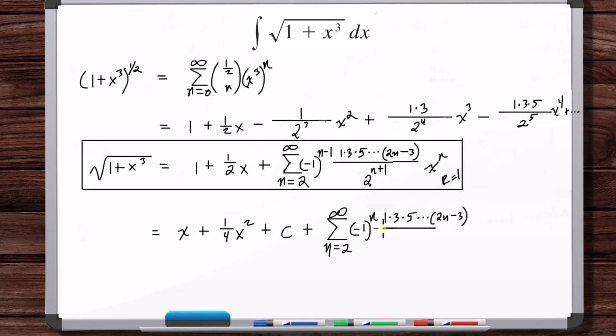And then n plus 1 to the n plus 1, then x to the n plus 1. And then the radius of convergence when you integrate or differentiate doesn't change. Now, I'm putting equals here, but it's almost implying like these two are equal. This is this.